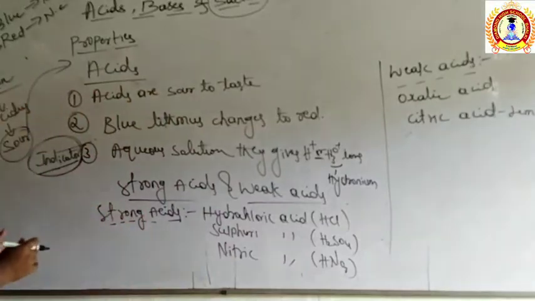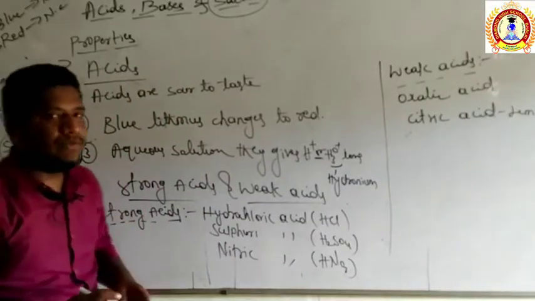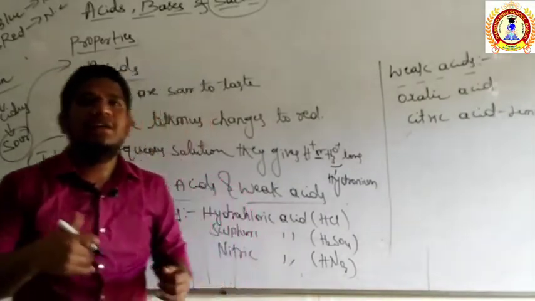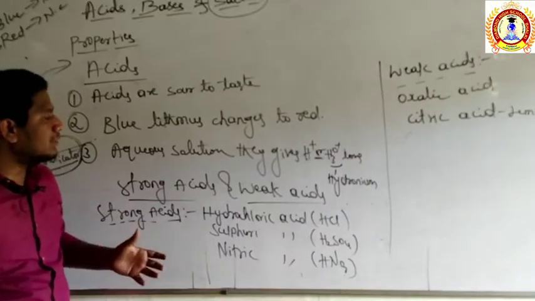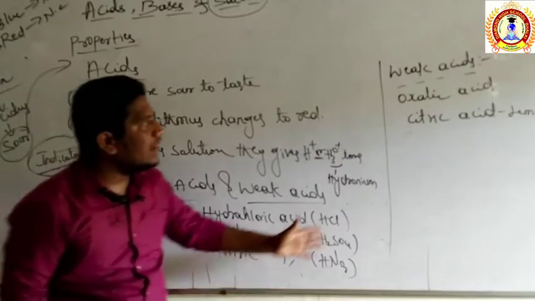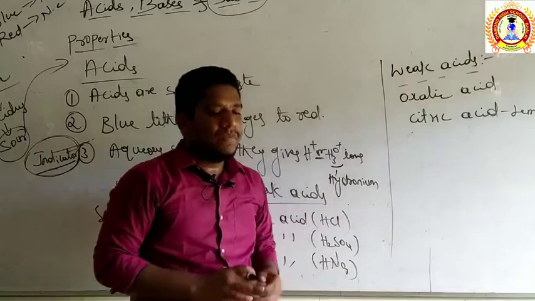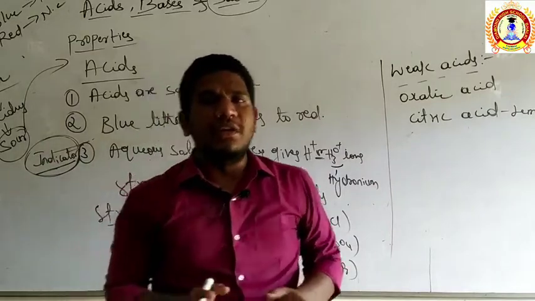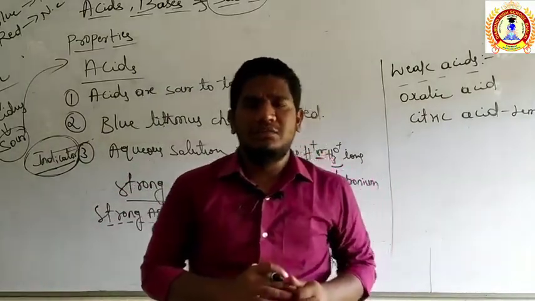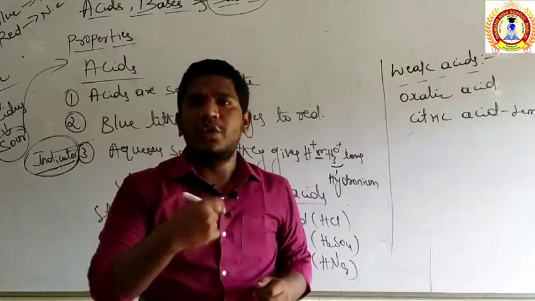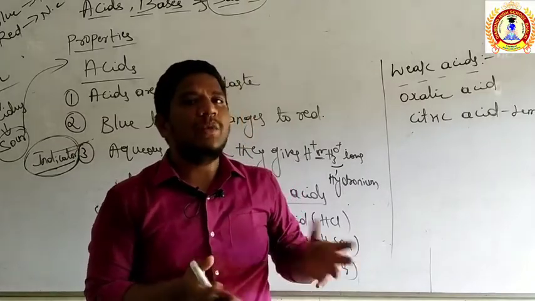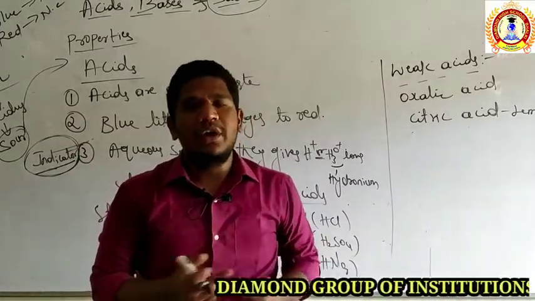Means the acids are again classified into two types known as the strong acids and the weak acids. Now these are the strong acids and these are the weak acids. You may have tasted curd also, right? Is the curd sour in taste or sweet in taste? Actually it is sour in taste.